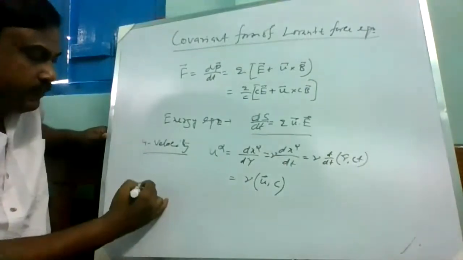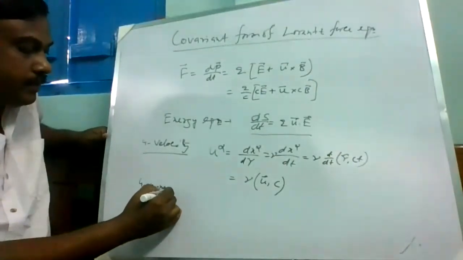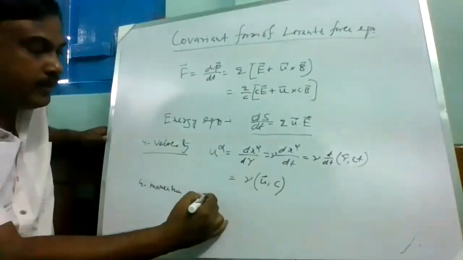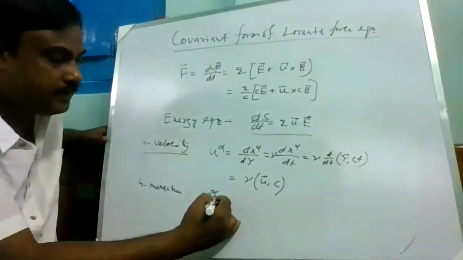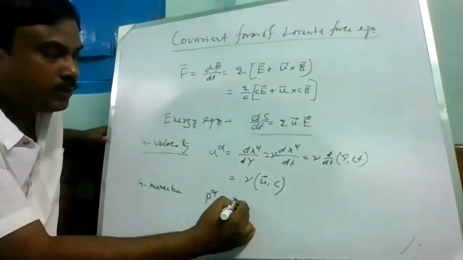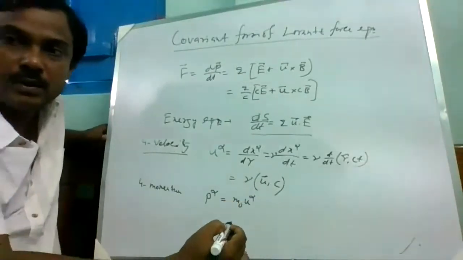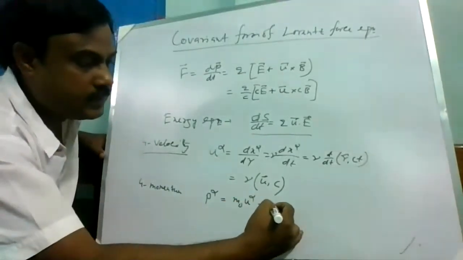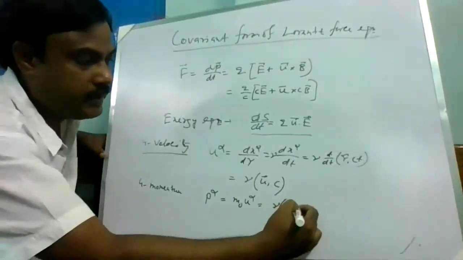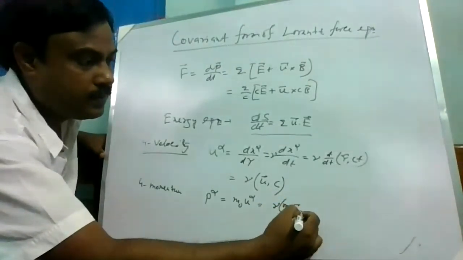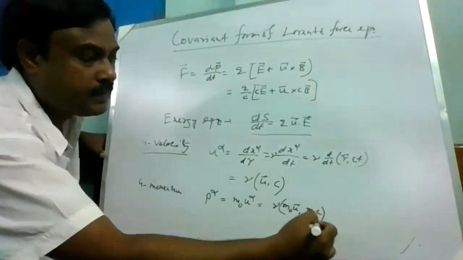So consequently, what will be the four-momentum? Using p alpha equals m0 u alpha, this equals gamma m0 u, and m0 c, right?